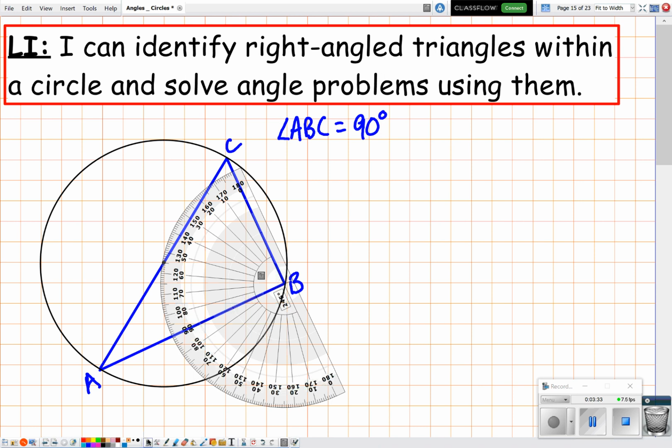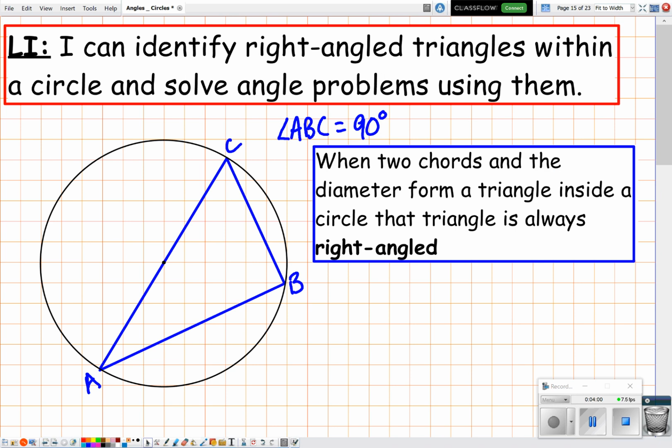So I would urge you, if you've got a protractor at home, to try that little task. Draw a circle, draw the diameter, so long as you know where the centre is, so that it's a true diameter, draw in two chords, measure the angle at B, and you should find that it's 90 degrees for yourself.